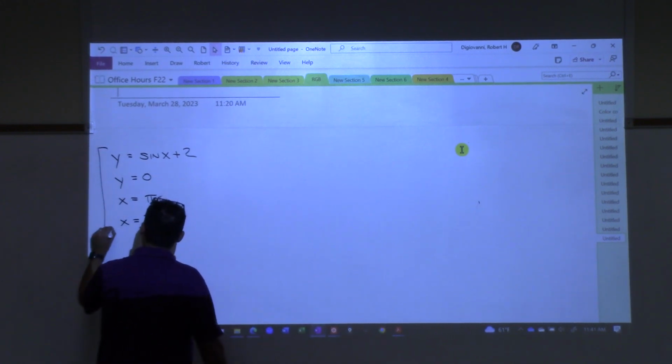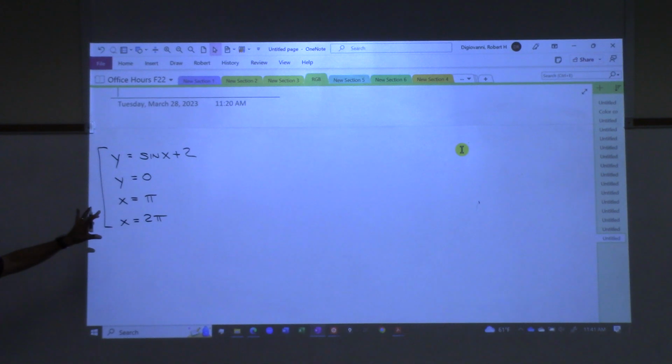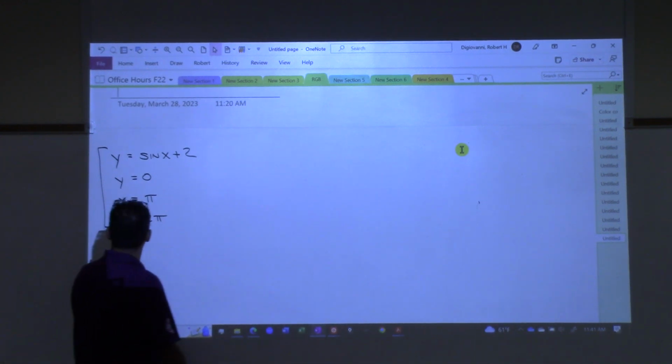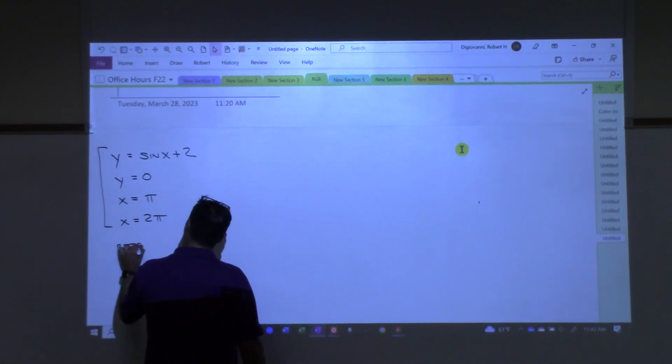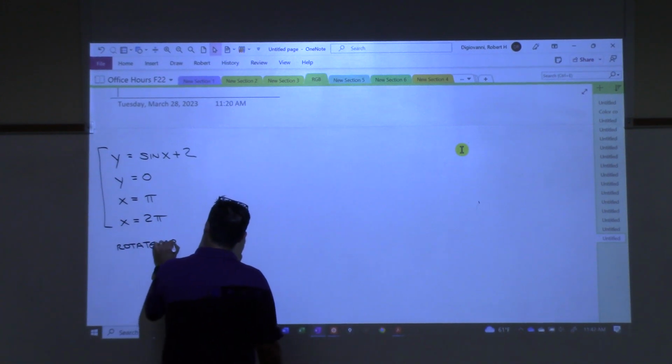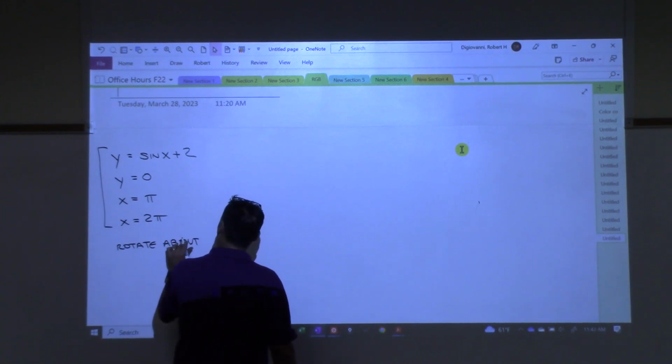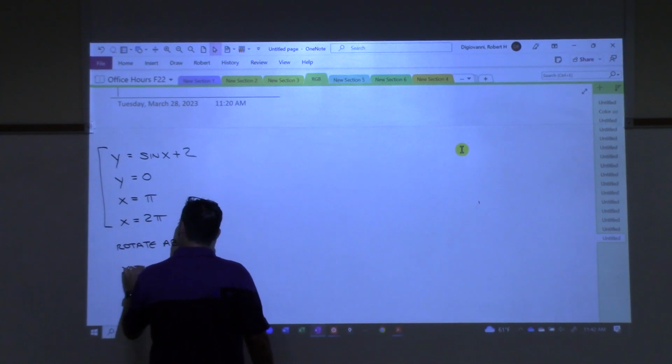That's our region. And I'm going to rotate this about x equals pi over 2.